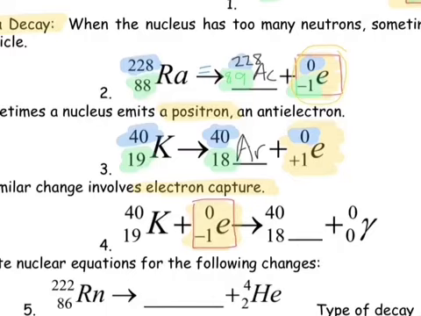If I take 40, here's my 40, plus 0, I'm going to end up with 40, and then I also get this particle over here. That's a gamma ray. And a gamma ray is really just radiation, really high energy, dangerous radiation.